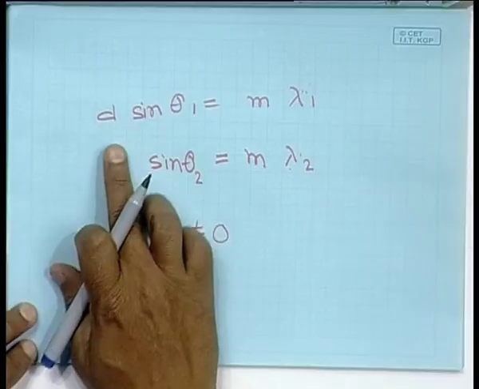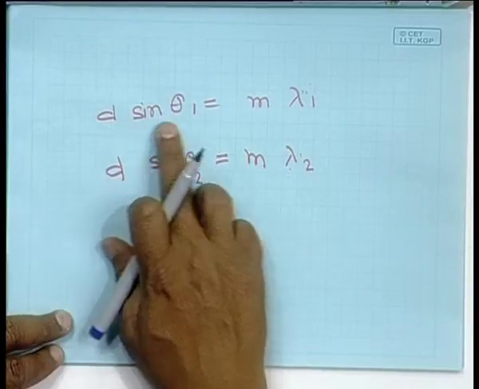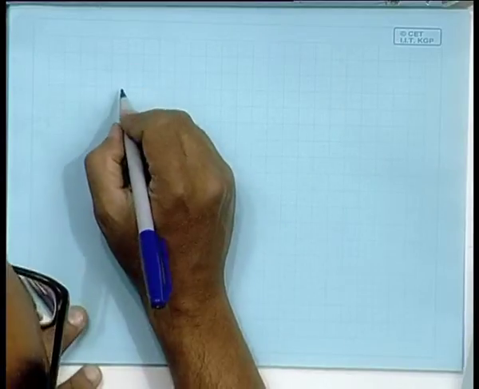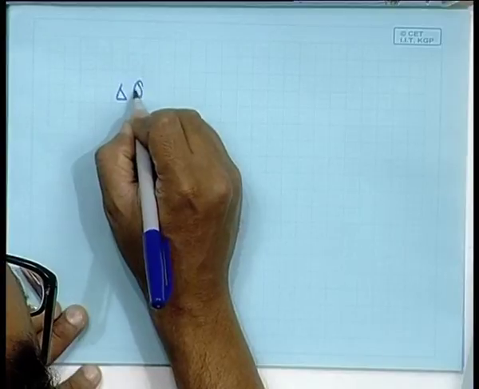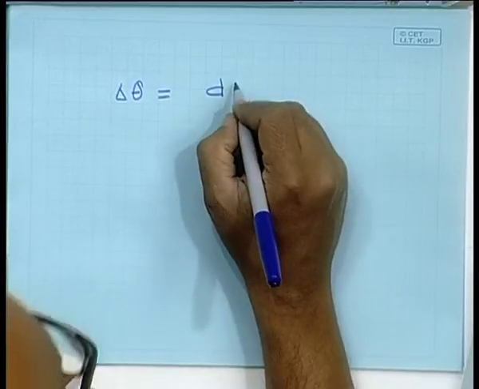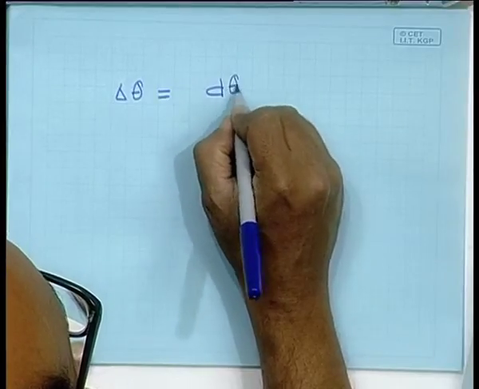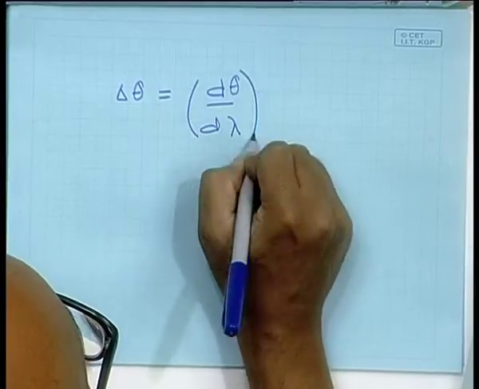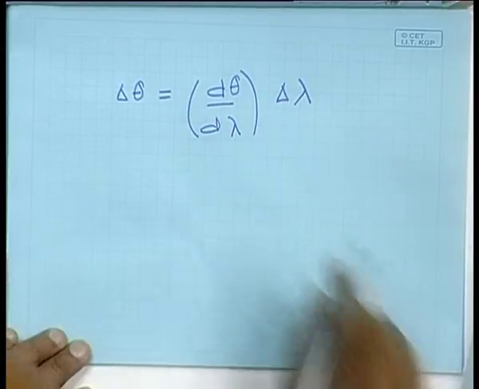So, the maxima we see occurs whenever this condition is satisfied, d sin theta is equal to m lambda. So, delta theta, the shift in the maxima, can be calculated by differentiating this and multiplying it with delta lambda.